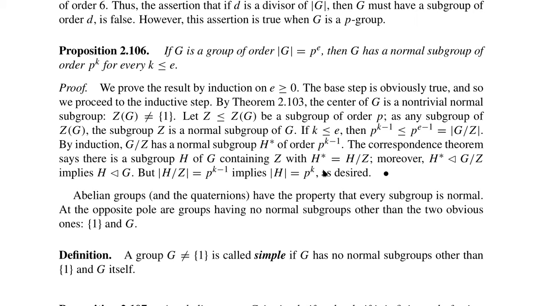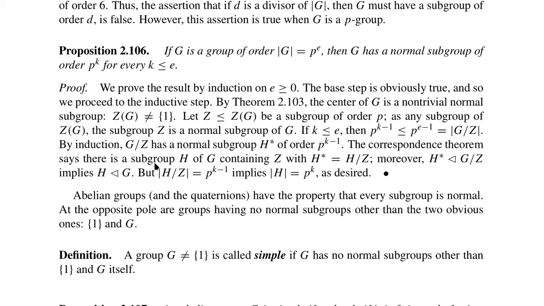But wait. H star is equal to H mod Z. And H mod Z is going to be a normal subgroup of G mod Z, right? That implies H is a normal subgroup of G for sure.